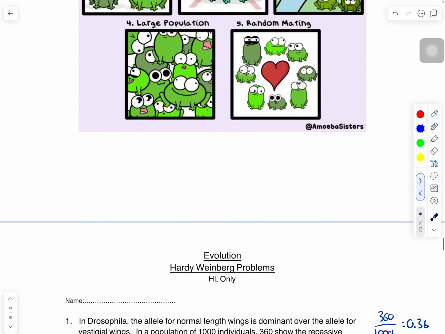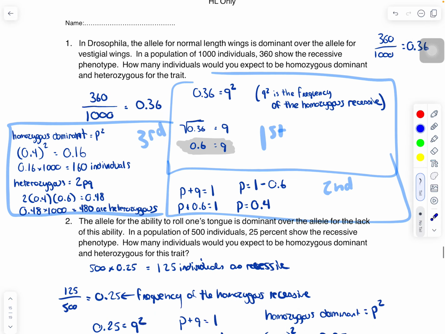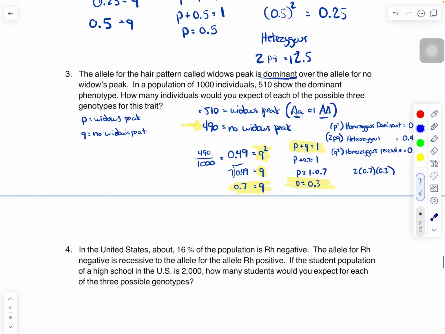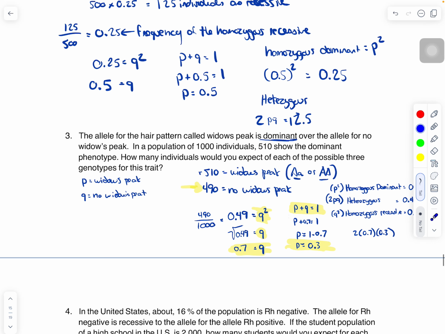So we're going to skip the assumptions for the moment and look at these examples. Let's take a look at number 3 here. The first part of any of these problems is figuring out what it wants to ask. So the allele for the hair pattern called widow's peak, the one I was talking about, is dominant over the allele for no widow's peak.